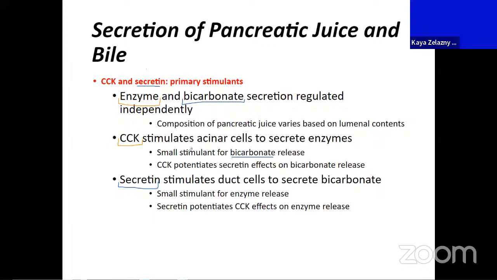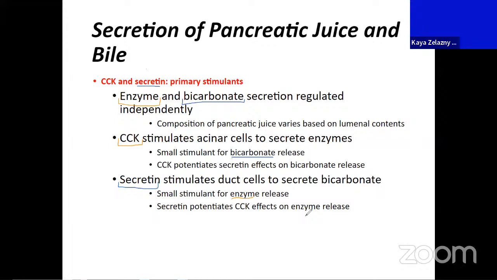Like the CCK had the secondary job of helping with the bicarbonate release, the secretin has a secondary job too. It helps a little with the enzyme release, and it's doing a bit more potentiation. Potentiation is basically making it more effective at letting the CCK affect the enzyme release.